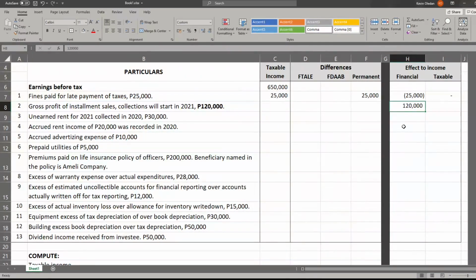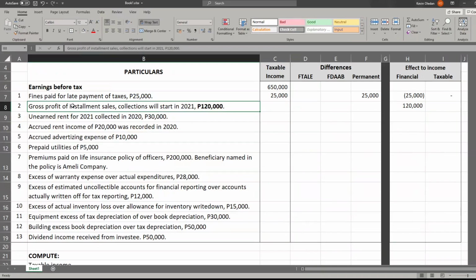What does that mean? And what is its implication towards this item number 2? Kapag modified cash basis po, in taxation, you will record revenues or you will record profit when collections happen and not when the transactions happen. Anong sabi?